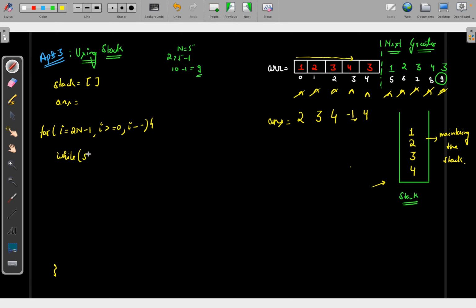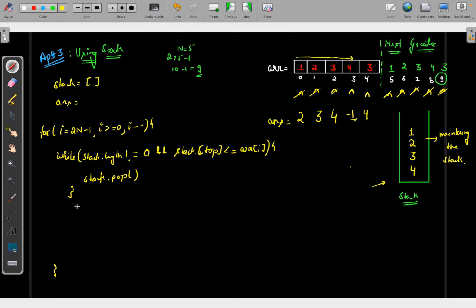So I will say when my stack.length is first of all not equal to 0, and if my stack's topmost element is less than or equal to my current element, then there is no need for it to be present in the stack. I will simply say stack.pop, removing it from the stack.